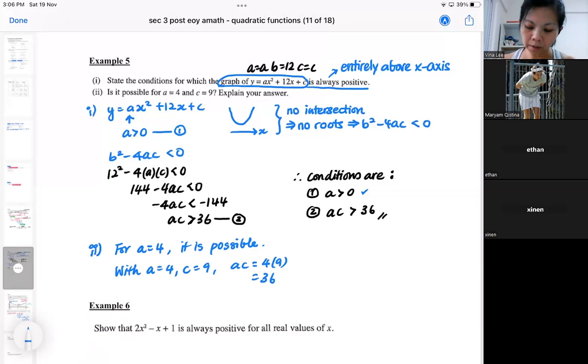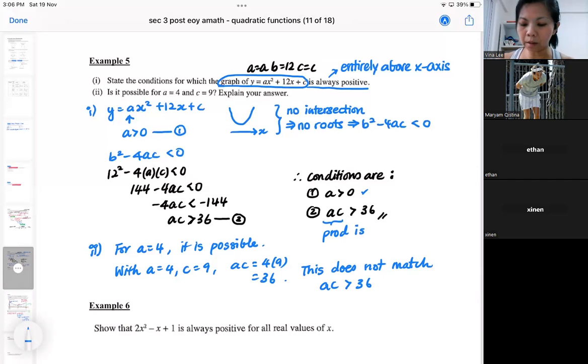So this does not match the second condition. Because the second condition means the product must be more than 36. So it will be like 37, 38 onwards. There's no equal sign for the 36. So am I going to accept this combination?